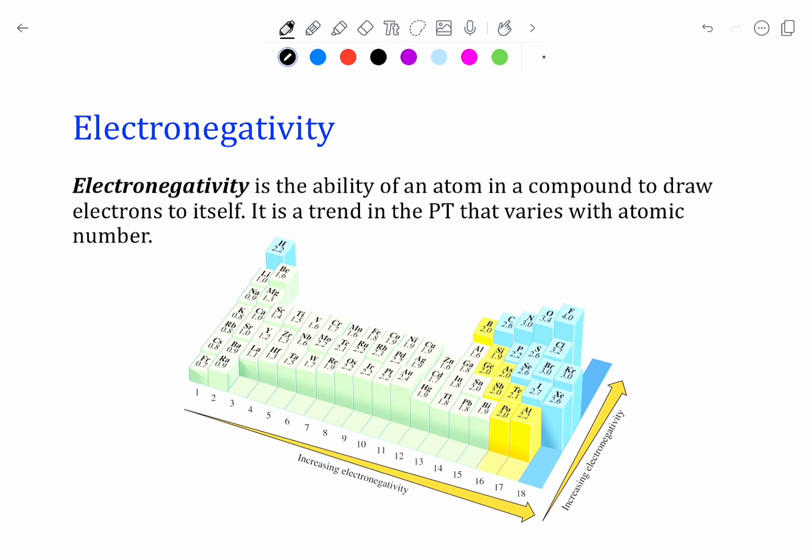So just like we saw electron affinity and ionization energy having different trends based on how much something wants an electron, or wants to give away an electron, electronegativity has a similar trend. So, electronegativity, the most electronegative atom is fluorine.